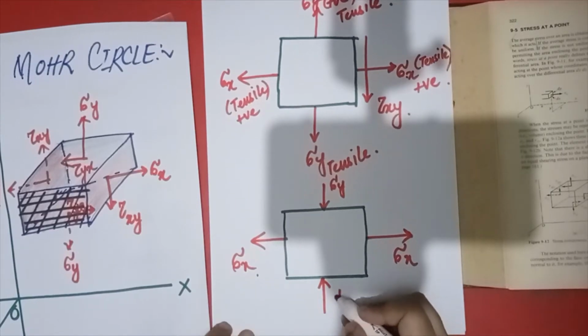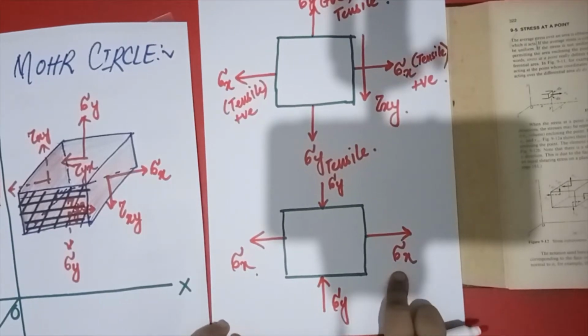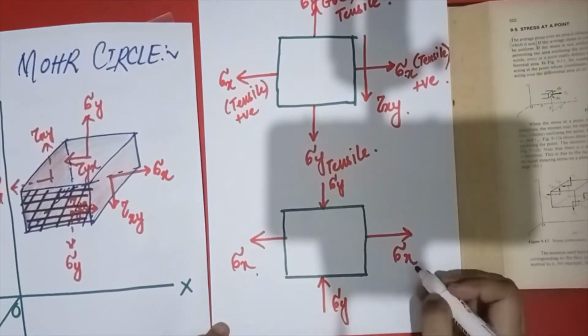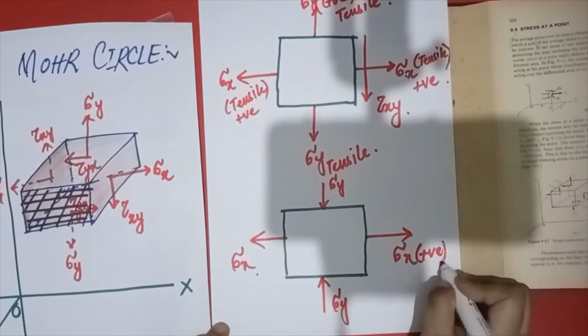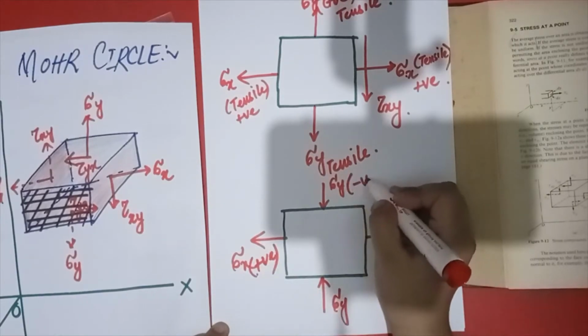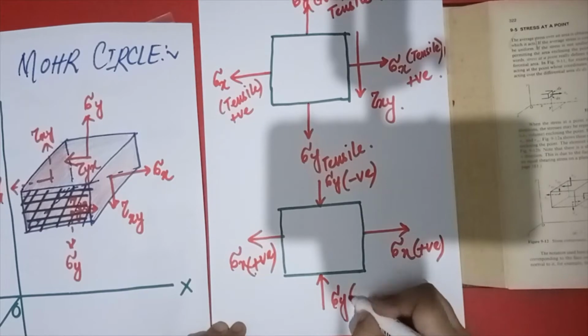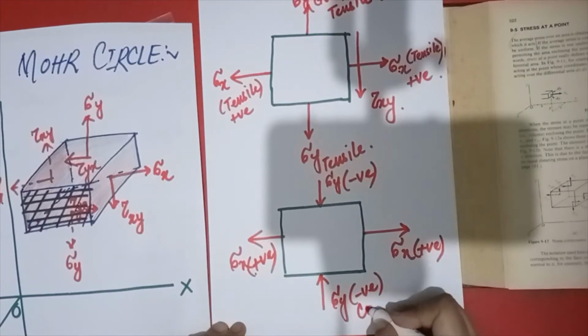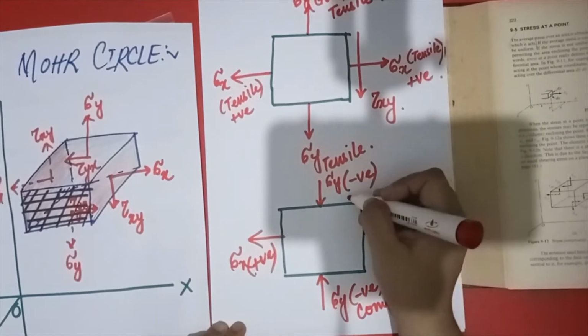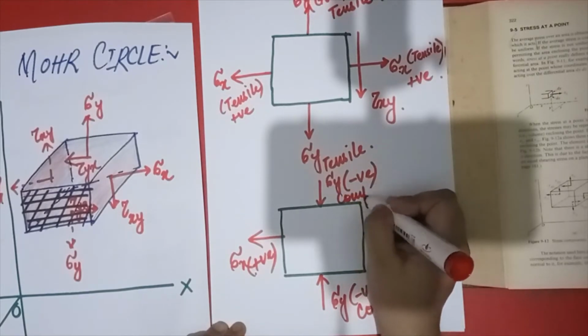So this is the rule: this one decides the direction of that one. This is positive because it is outward and tensile, but this should be negative because it is inward and compressive. And this is also compressive.